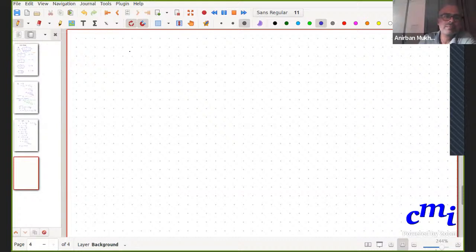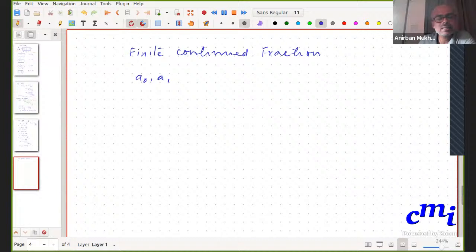What we have seen, at least for the first example, is a finite continued fraction. This would always be written as [a0, a1, ...]. In some places it is written with a semicolon after a0 to emphasize that the first one is the integral part, but we won't do that.